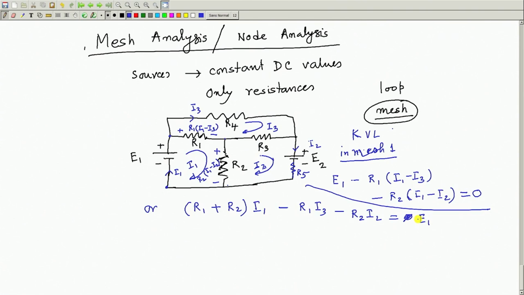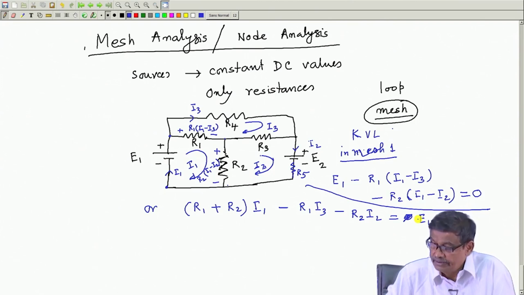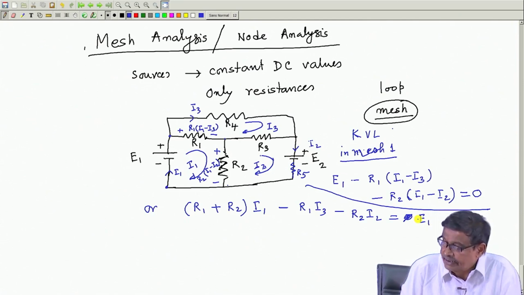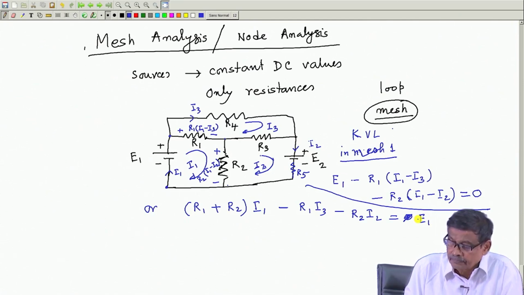Similarly, I can write down the KVL equation in mesh 2, which I will just tell. You see, there is a pattern in this case. What is that?